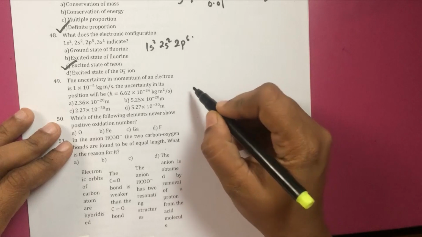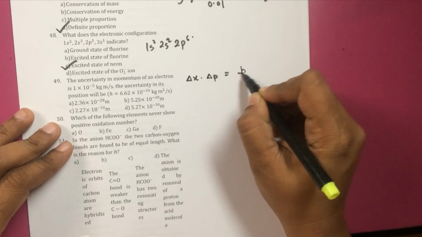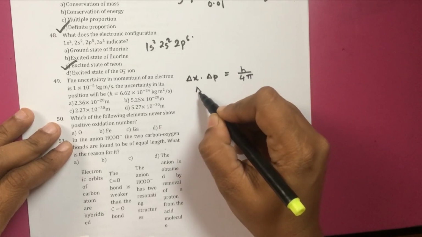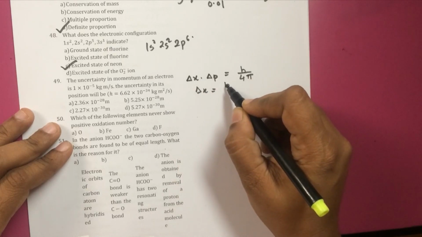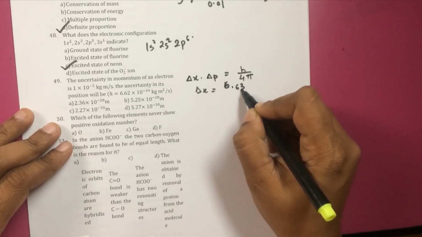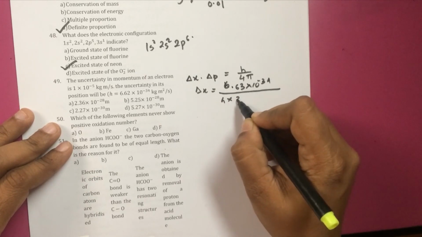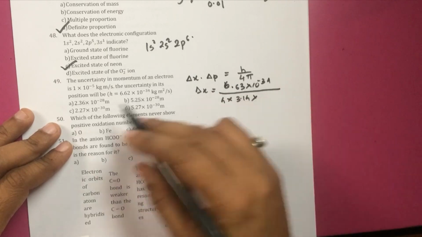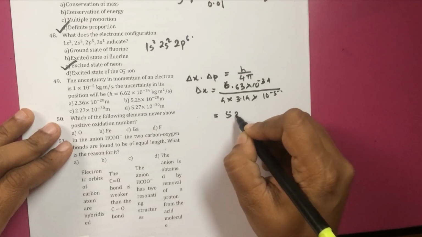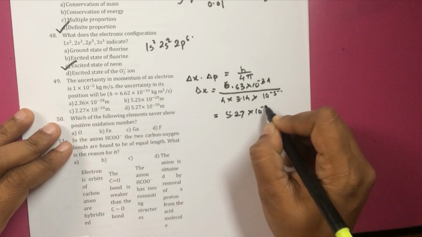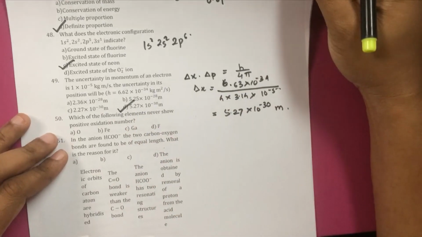We have the formula delta x into delta p equals h upon 4 pi, where delta x is the uncertainty in the position. h is 6.63 into 10 raised to minus 34, divided by 4 into pi, which is 3.14, into delta p, where delta p is given as 10 raised to minus 5. That comes out to be 5.27 into 10 raised to minus 30 meter. Therefore option D.